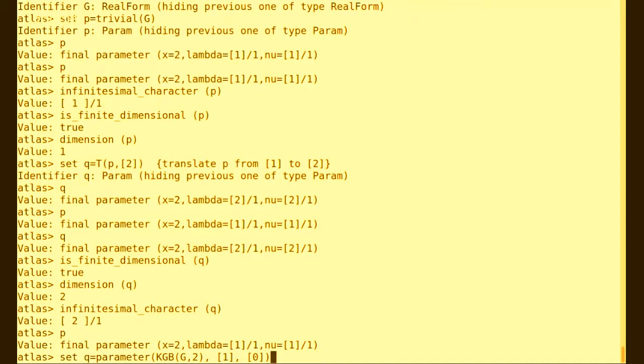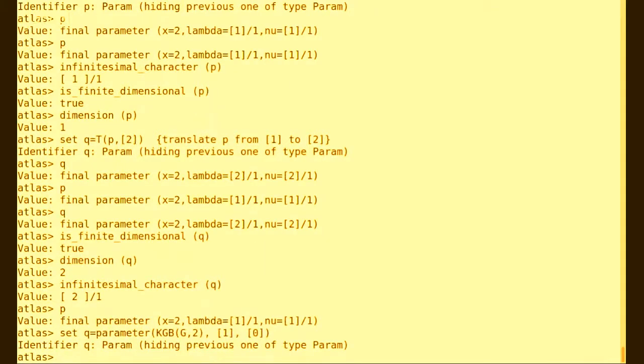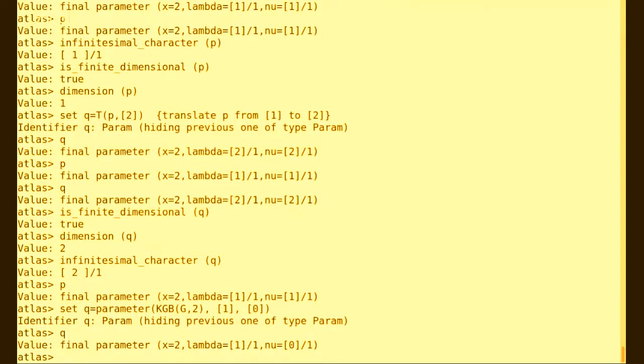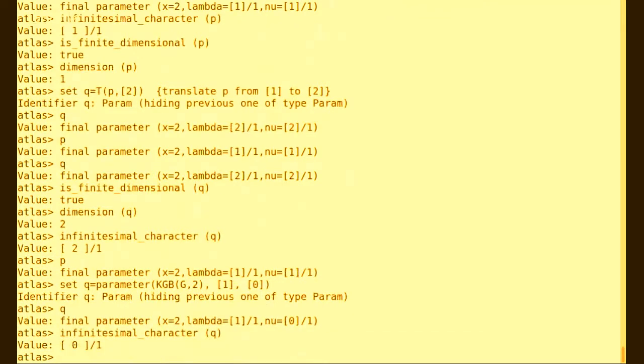In the previous line, I have the spherical principal series with infinitesimal character 1. And now I've changed nu, but I've kept lambda. So let's look at Q. It says it's a final parameter, and the infinitesimal character of Q is 0.